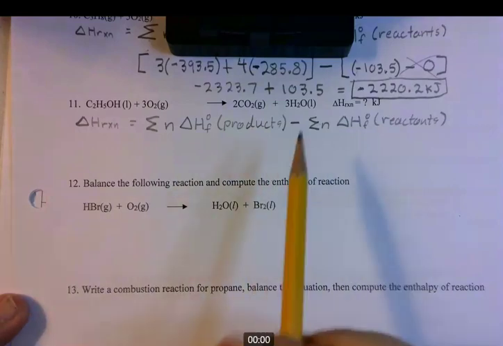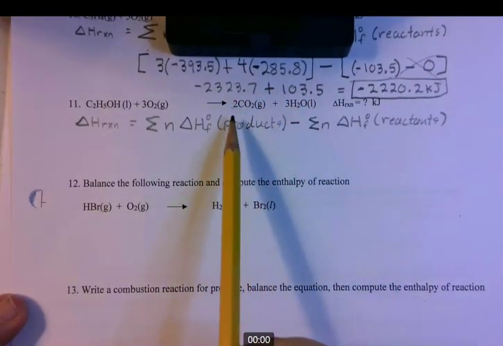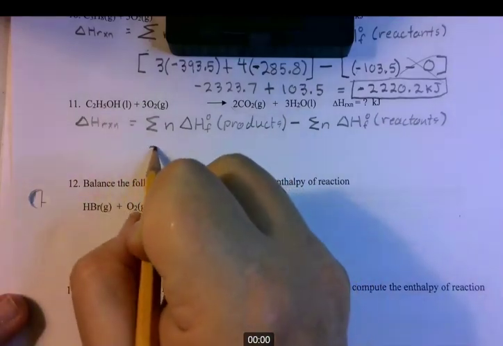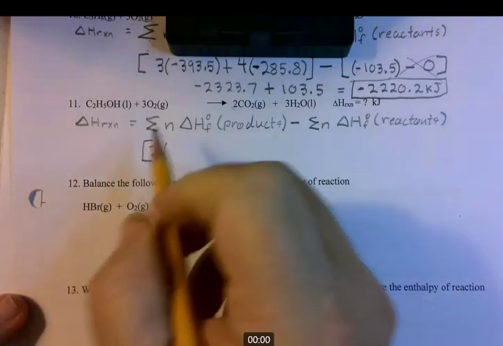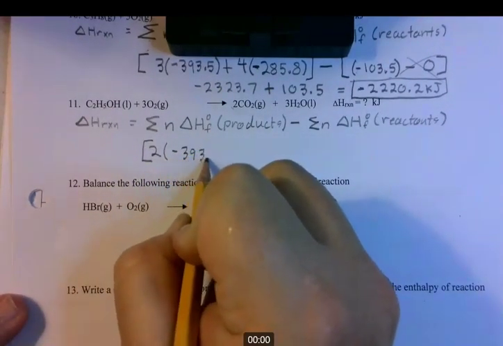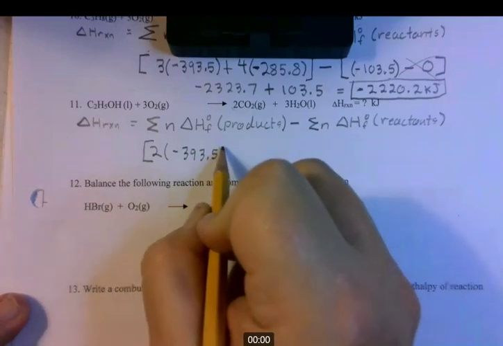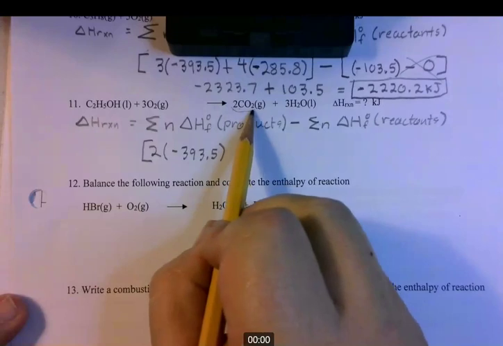And now let's plug in our numbers. There's the reactants, the products over there. So let's start with those. So we have 2, and again, put my big block there for products, and then it's minus 393.5. That's the enthalpy of formation of carbon dioxide. So that's that right there.